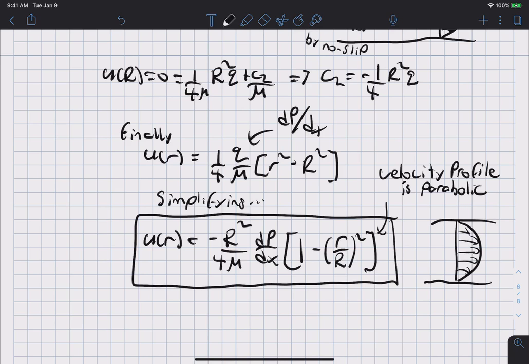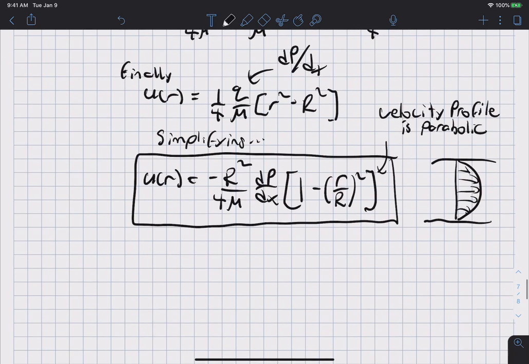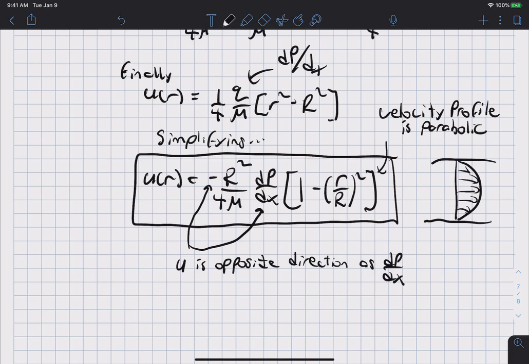Note that if we look at this negative sign and the dP dx, the axial velocity u is in the opposite direction as dP dx.